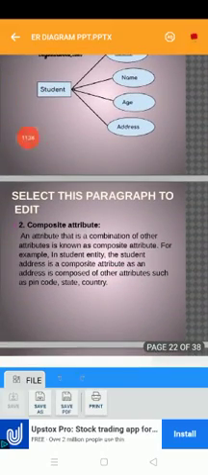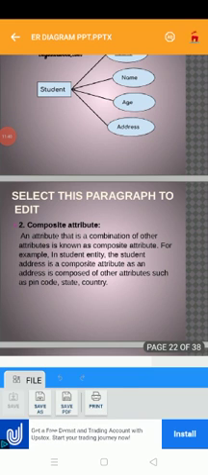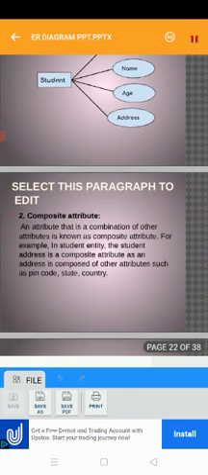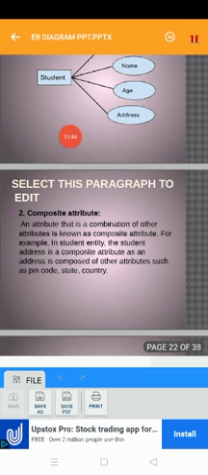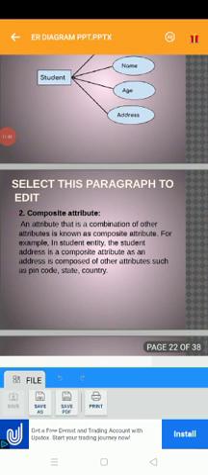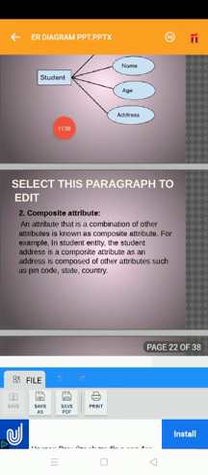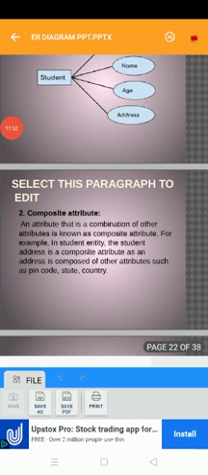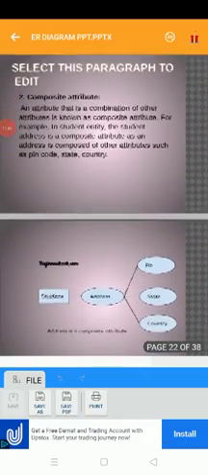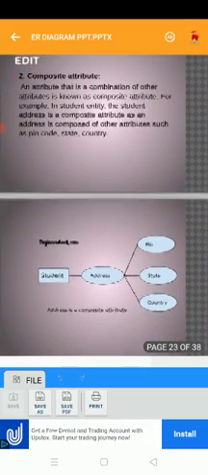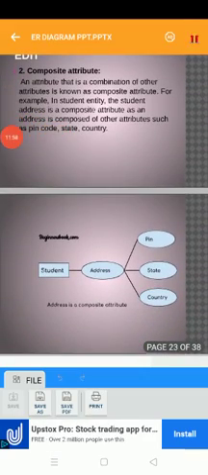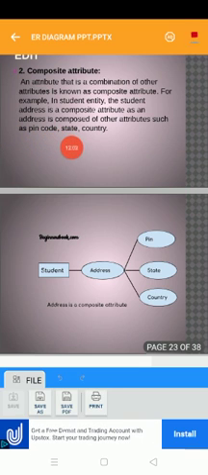Next is composite attribute. An attribute that is a combination of other attributes is known as a composite attribute. For example, in the student entity, the student address is a composite attribute. An address is composed of other attributes such as pin code, state, country. Here student is an entity and address is a composite attribute.